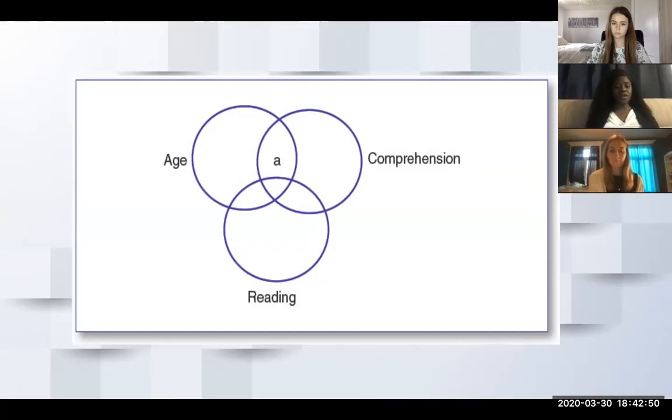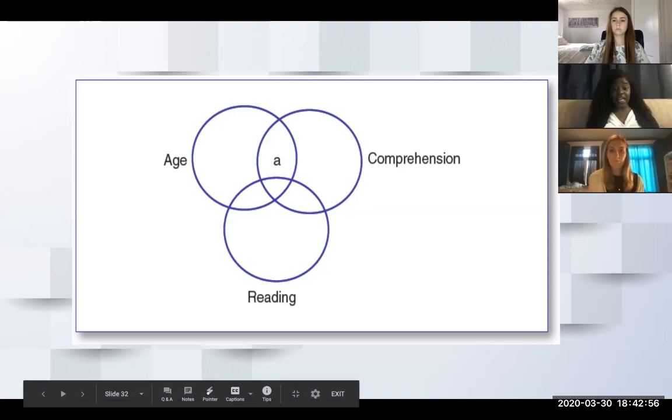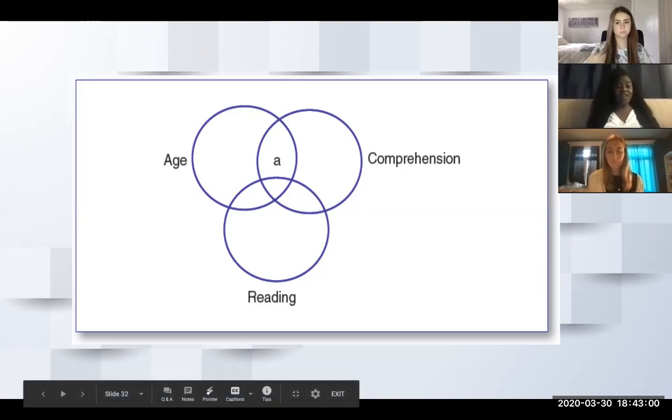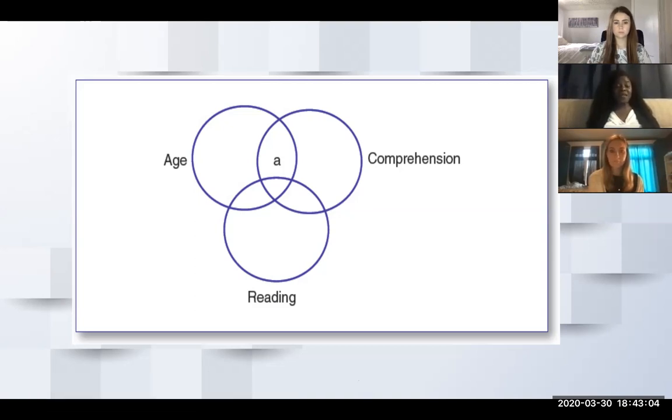For example, in this graph right here, we have an independent variable, which is age, and we have the dependent variable, which is comprehension. However, there's a variable that stands between them, which is reading, or the amount of reading one individual does.